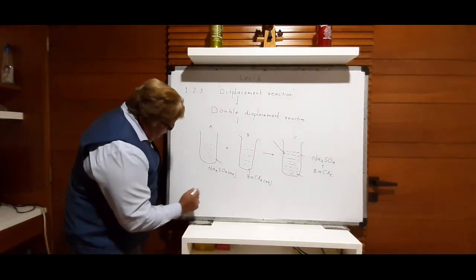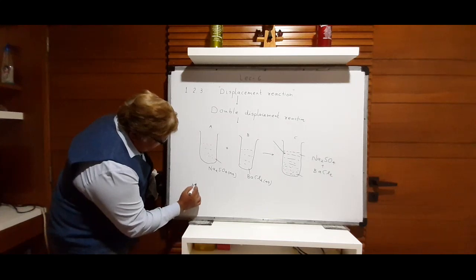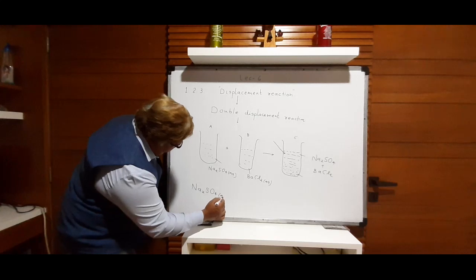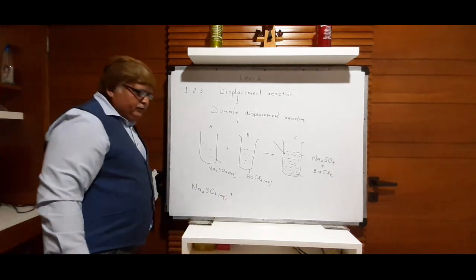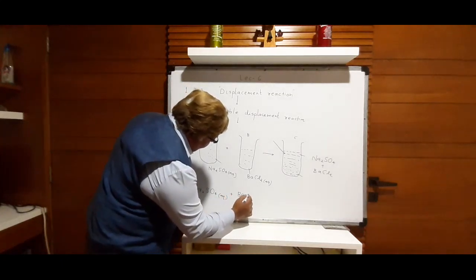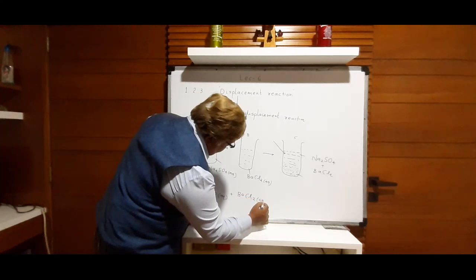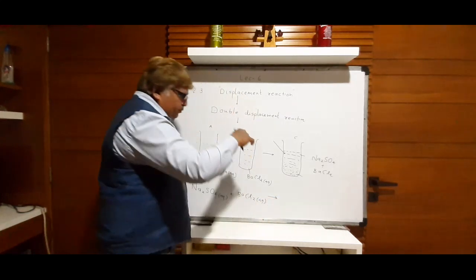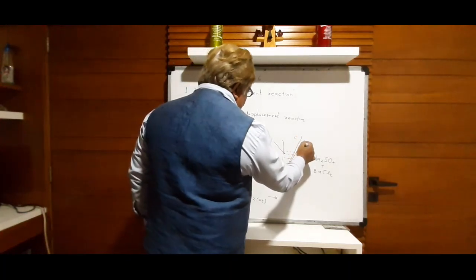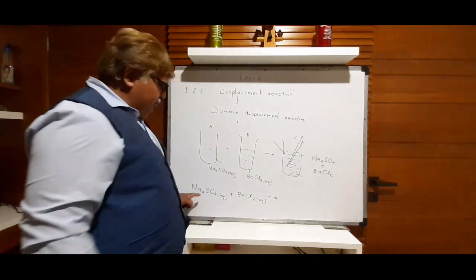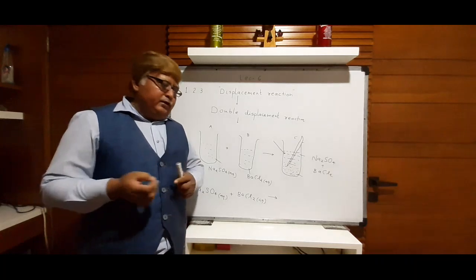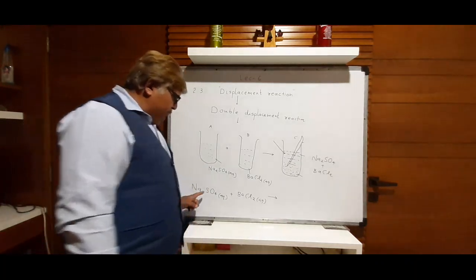We have taken sodium sulfate, Na2SO4, plus we have mixed it with barium chloride. Obviously, when you mix both solutions, you also have to stir them with the help of a glass rod. Keep a glass rod and stir the mixture of sodium sulfate and barium chloride for 15 to 20 minutes, be watchful and observe what happens.